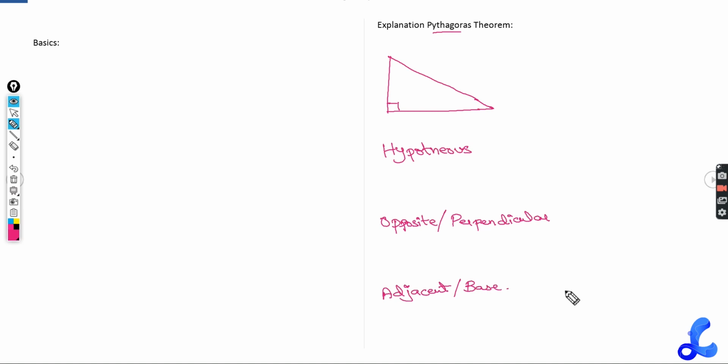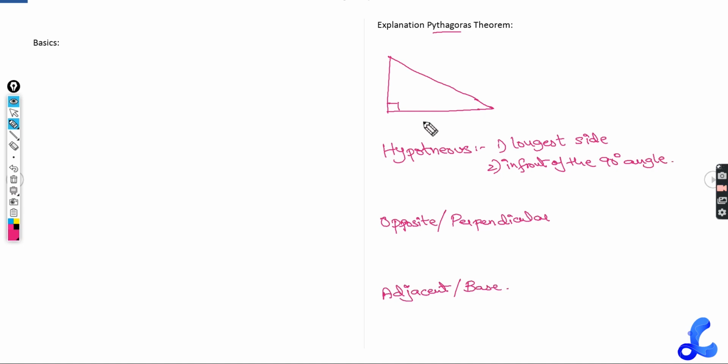So how does this work? So first things first, hypotenuse is number one, it is the longest side, and number two, in front of the 90-degree angle.